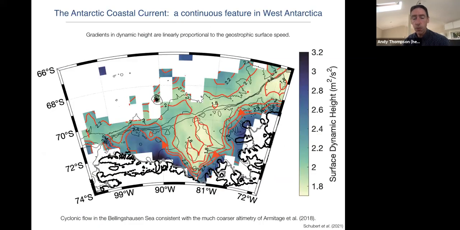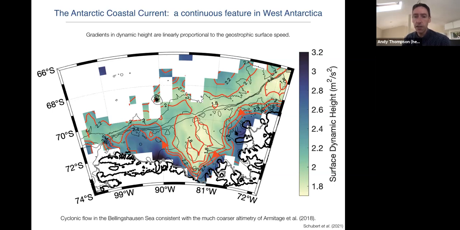But one of the important things you can do with that hydrographic data is generate a map of dynamic height. This is equivalent to looking at variations in sea surface height, but you're doing it from actually measuring the density structure in the water column as opposed to just the height at the surface. And so what I'm showing here is a map of dynamic height where the gradients in dynamic height are tied to geostrophic speed.